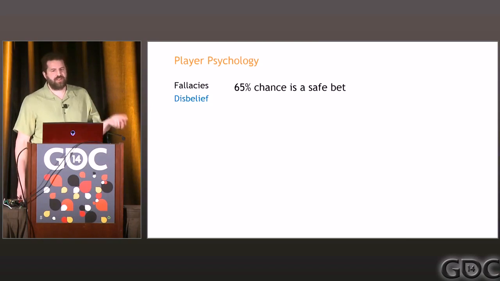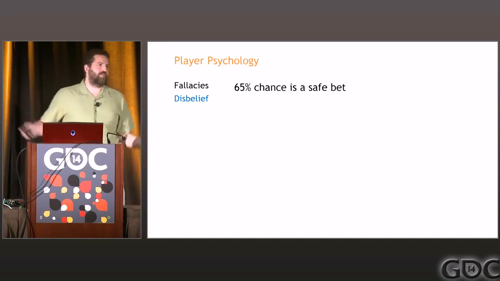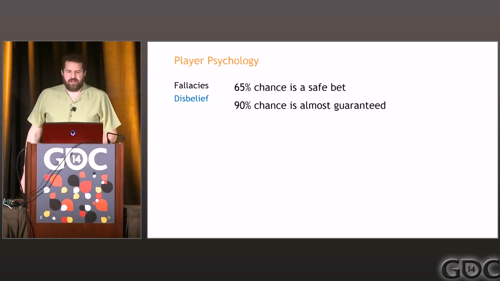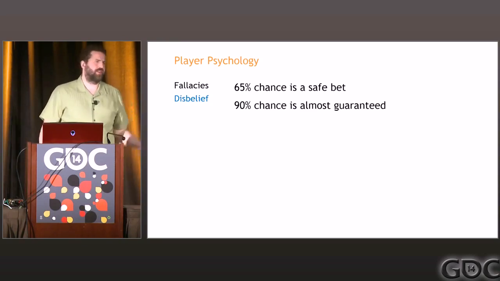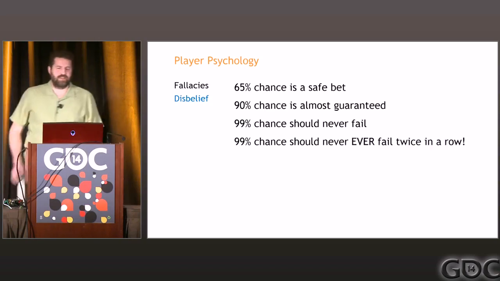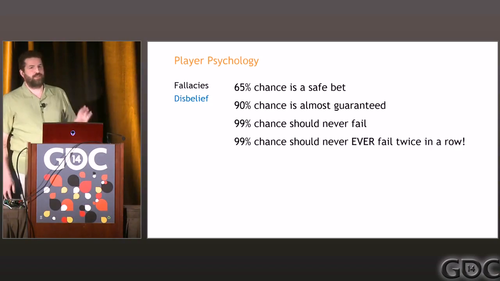So for example, 65% chance, that's a safe bet. Sounds good. If everyone in this room went for a 65% chance, then all of you just lost, right? So 90% chance, well, that's almost guaranteed, I should do that. I should lose very, very rarely, right? And 99% chance, if I have a 99% chance of hitting you, I should almost never miss. Certainly, I shouldn't miss twice in a row, right?